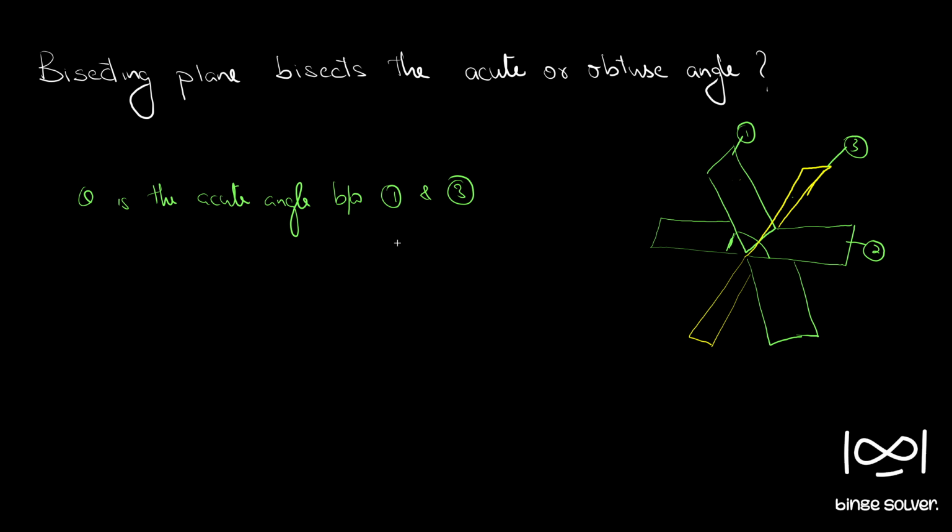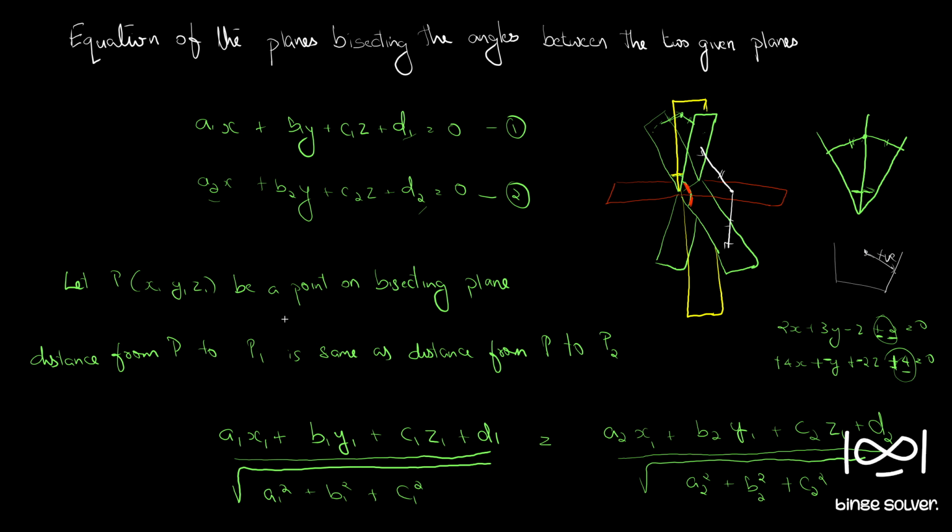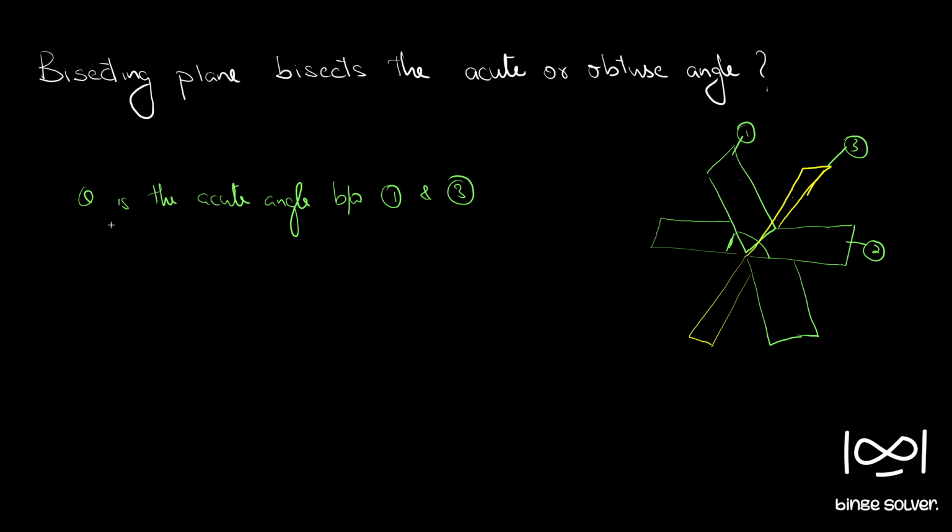So to find the acute angle, say the equation of plane 1 was, as I said earlier, a1x plus b1y plus c1z plus d1. So the direction ratios of the normal to plane 1 will be a1, b1 and c1. And say the direction ratios of the bisector plane we got as a3, b3 and c3.